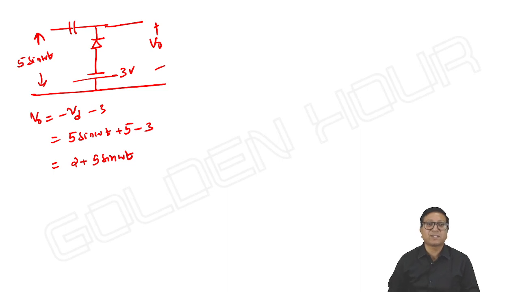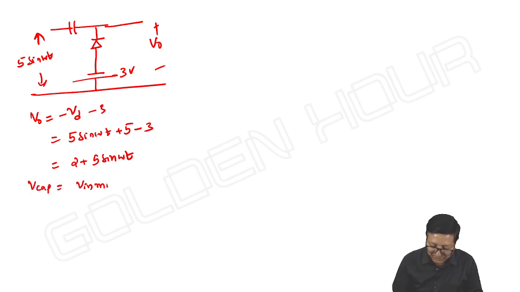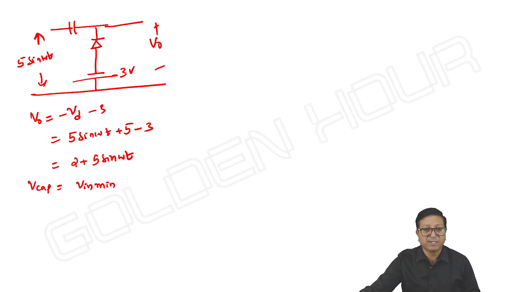And to what level will the capacitor charge? The capacitor will charge up to, okay, yes, V capacitor is equal to V input minimum, I wrote earlier. And from that we need to subtract this minus 3 volts.